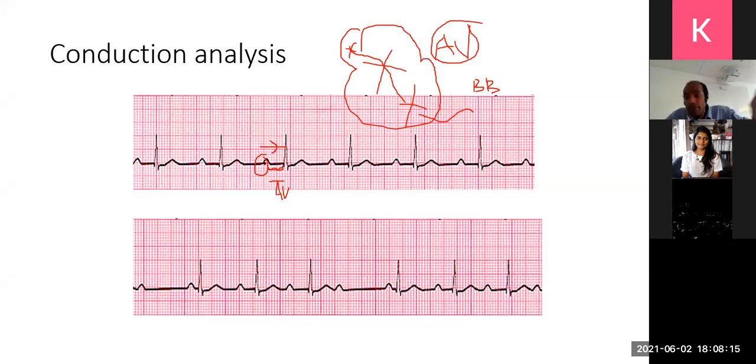The PR interval is prolonged. So that is by definition a first degree AV block. What is the definition? All P waves are conducted, but the PR interval is prolonged because there's a delay in conduction between the atria and the ventricles. So first degree heart block: all P waves go, with a long, prolonged PR interval.